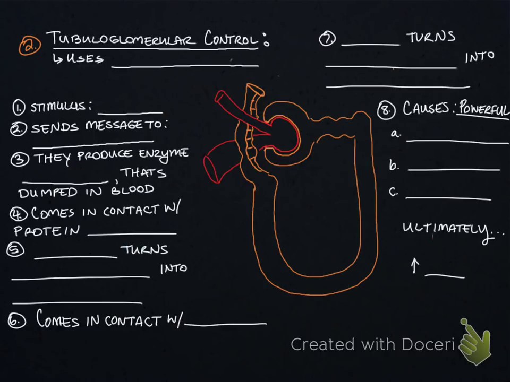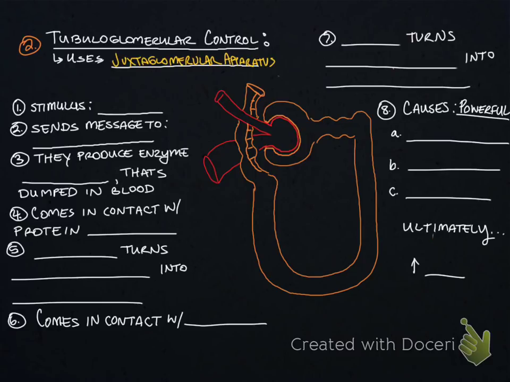The second way in which your kidneys help to control the GFR is called tubuloglomerular control. It uses your juxtaglomerular apparatus. So let's look at what the juxtaglomerular apparatus is first, where that's located.